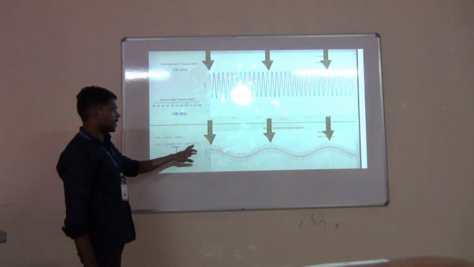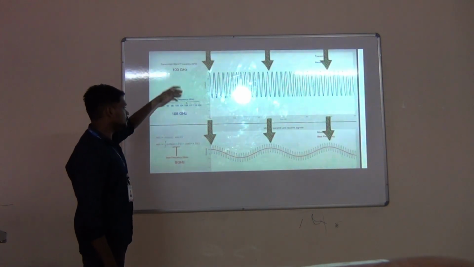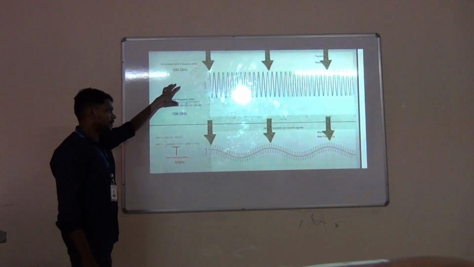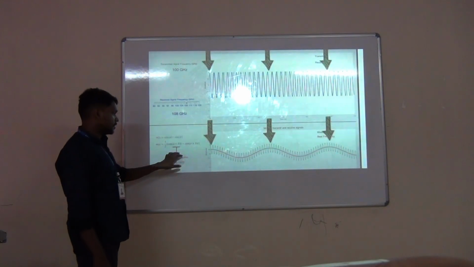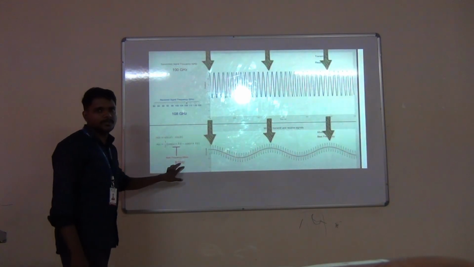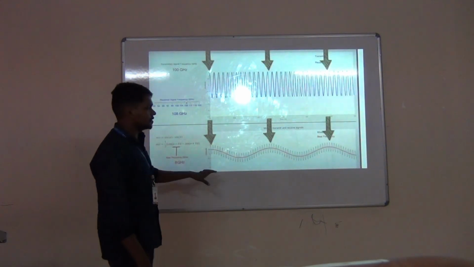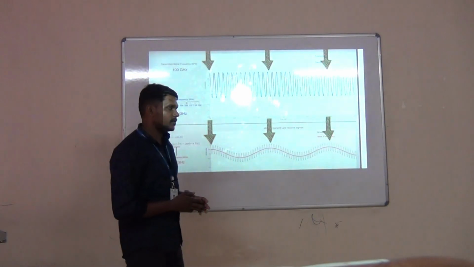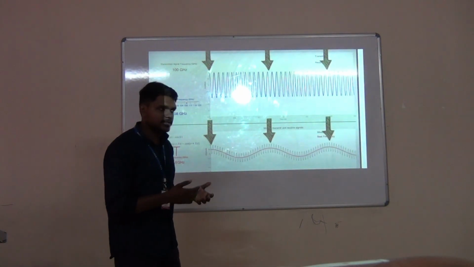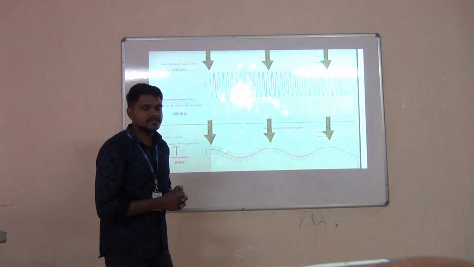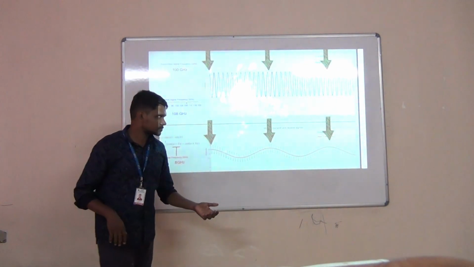This can be higher because of A plus B, where both the frequencies get added. And when it is A minus B, it produces the beat frequency. This is the main important thing about beat frequency: we can calculate the difference, and with the difference we can arrive at the range and velocity.